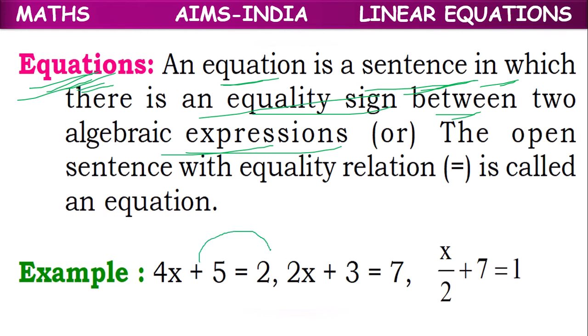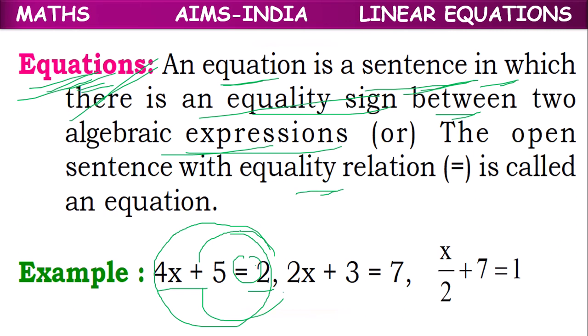The two expressions may be algebraic, or both may be numerical, or one may be algebraic and one numerical. If two expressions are combined with an equality sign, then this total combination will be considered an equation.